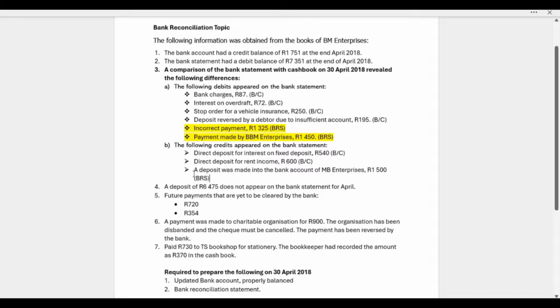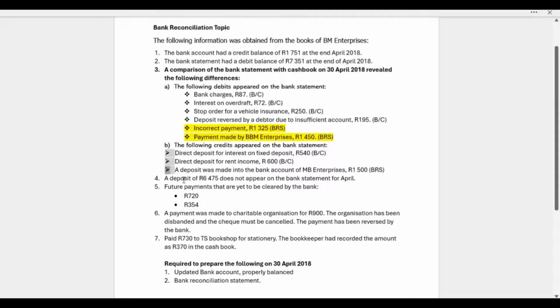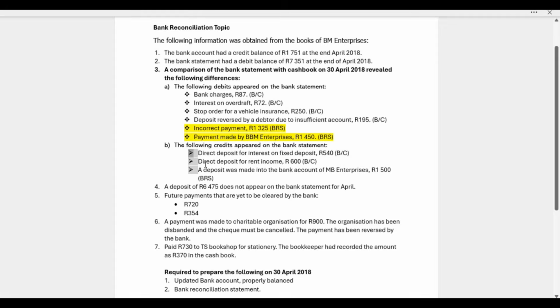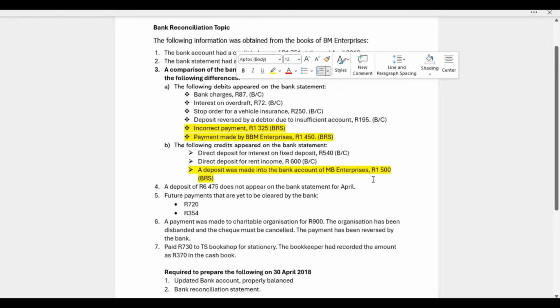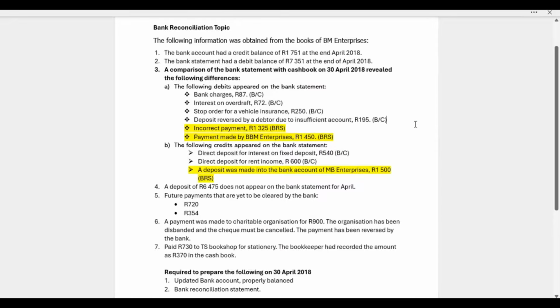We're just identifying the items to be recorded in the bank recon now, right? So I'm just going to highlight this in yellow, right? And then let's proceed.